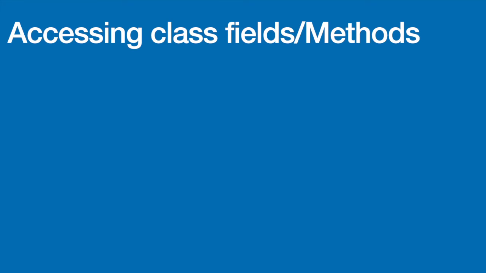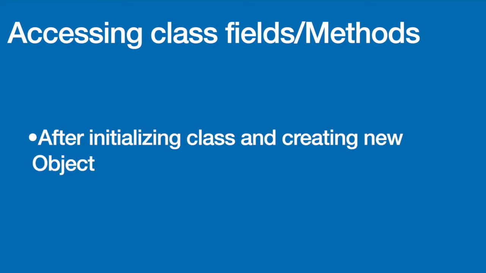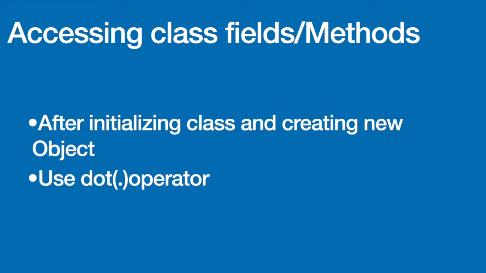So when we create objects, we also need to access the fields and methods of the class or the object that we have initialized. And after initialization, we use the dot operator to access the fields or methods of a class. It's called the dot operator. It is the period punctuation that is used as a dot operator.